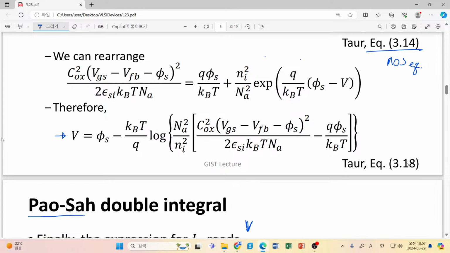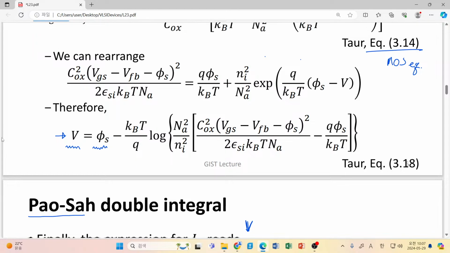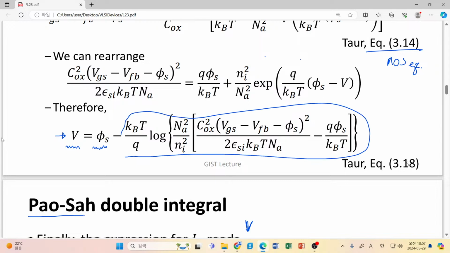Then now we have our electron quasi-Fermi potential at a given point given as just proportional to electrostatic potential. And please have a look at this one, all kinds of so much complicated terms.